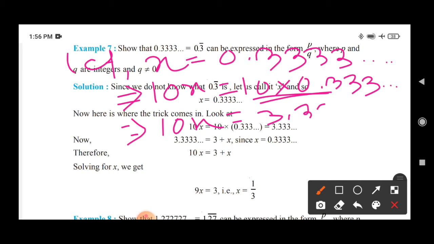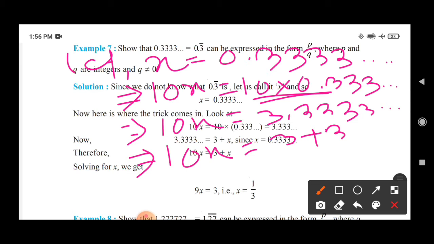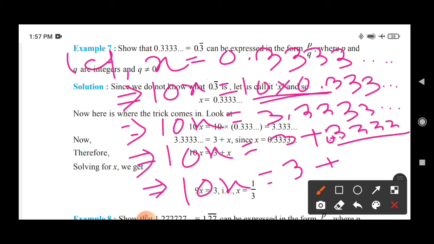So it's 3.333... So 10x is equal to, now you can write this 3.333 as 3 plus 0.3333..., and then it is 10x, 3 remains the same, and this part 0.3333... is equal to x from the beginning, so instead of this part we can put x.